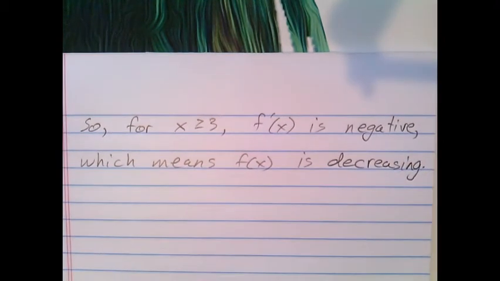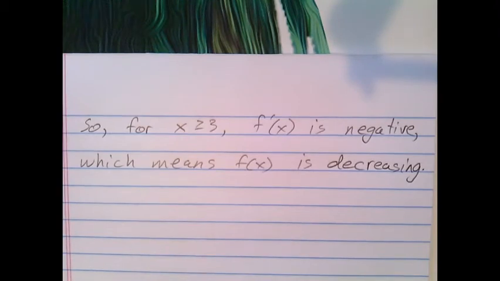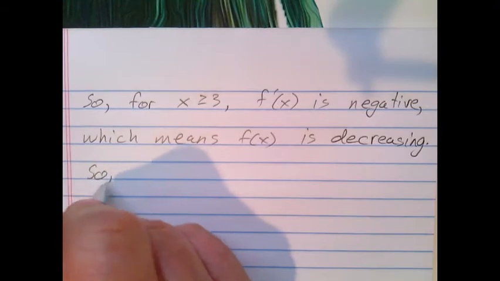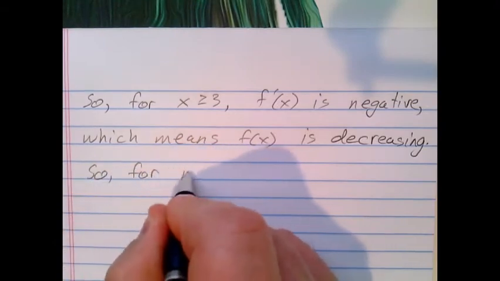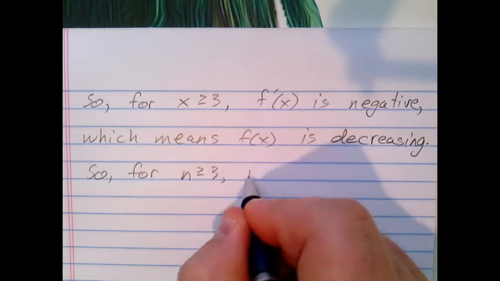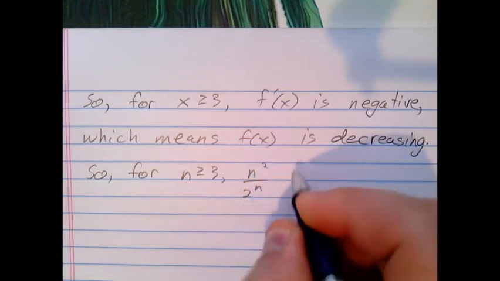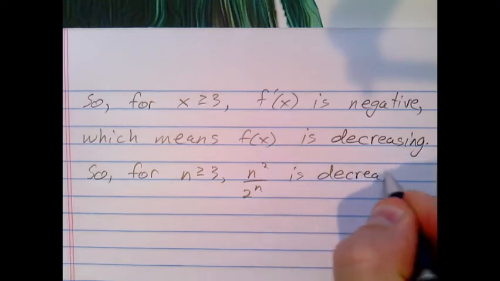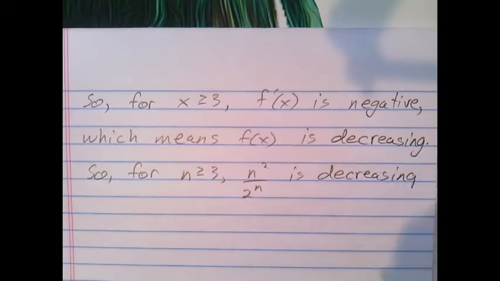Okay, so now we can go back to thinking about n's instead of x's, and we can say, so for n greater than or equal to 3, n squared over 2 to the n is decreasing.